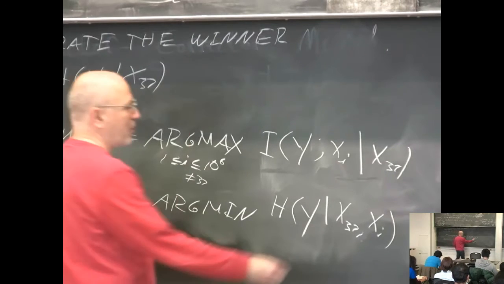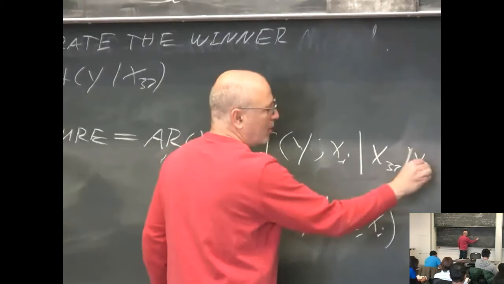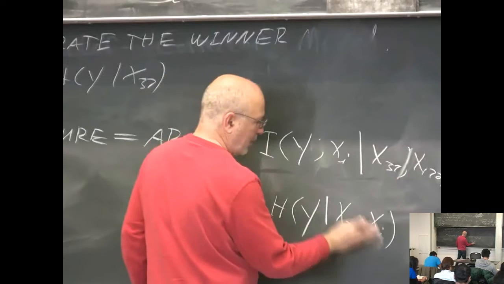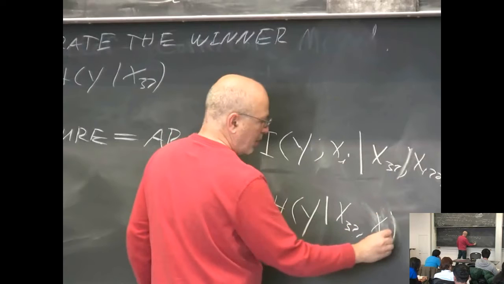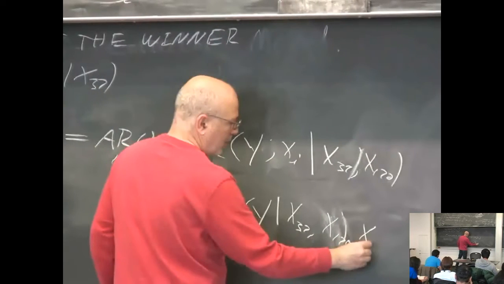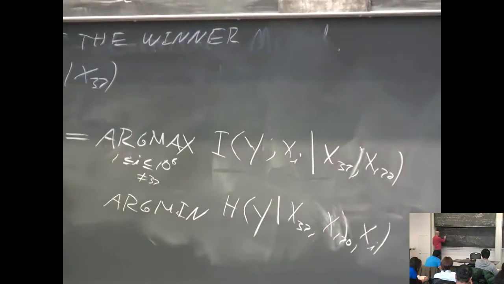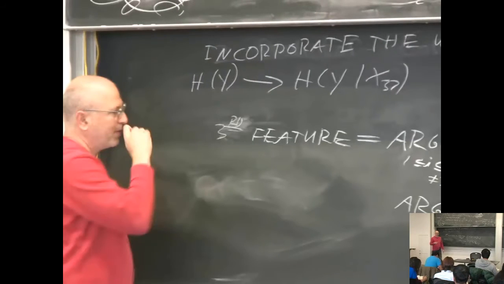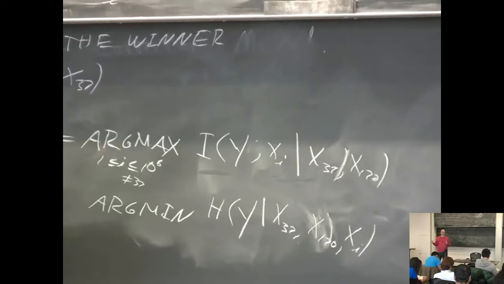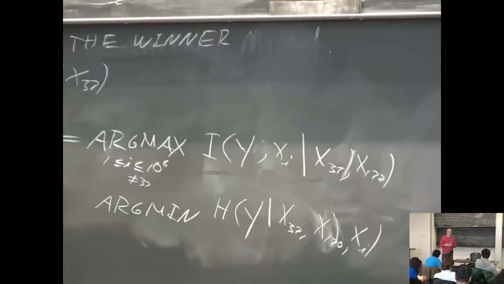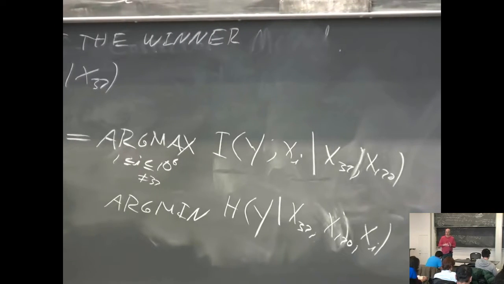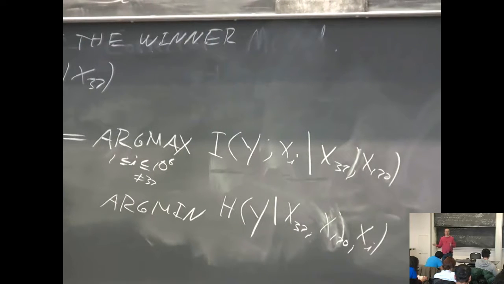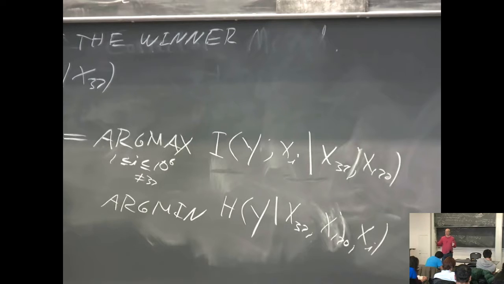So 170 is going to make its way into here and here, and it's going to be not the second, but the third. So at any point, I will take the features that I've already decided to accept, keep them fixed, condition on them, and look for the mutual information of any one of the remaining features with regard to y, conditioned on knowing these values.